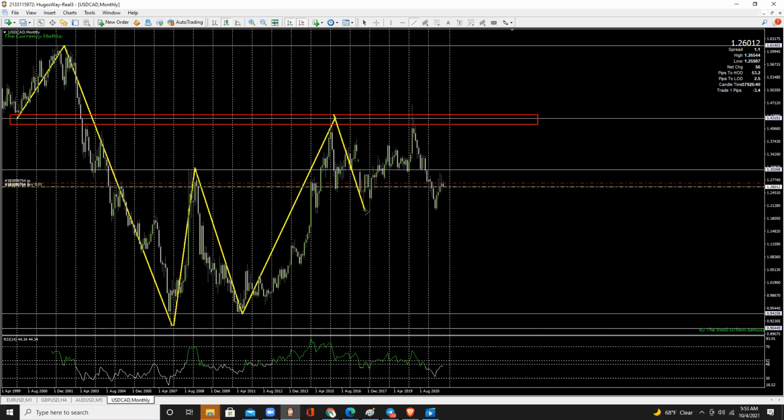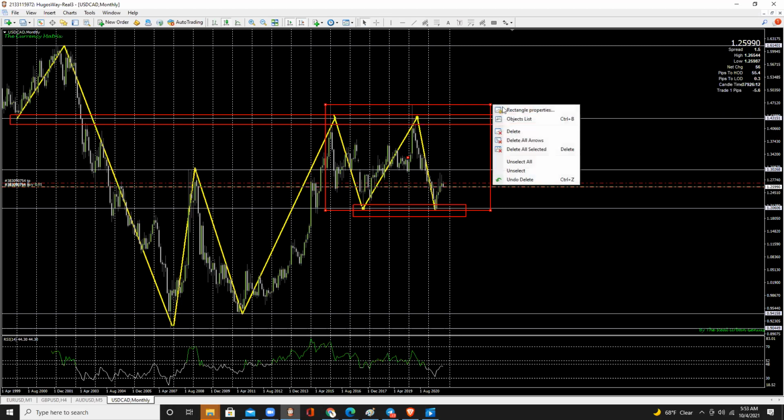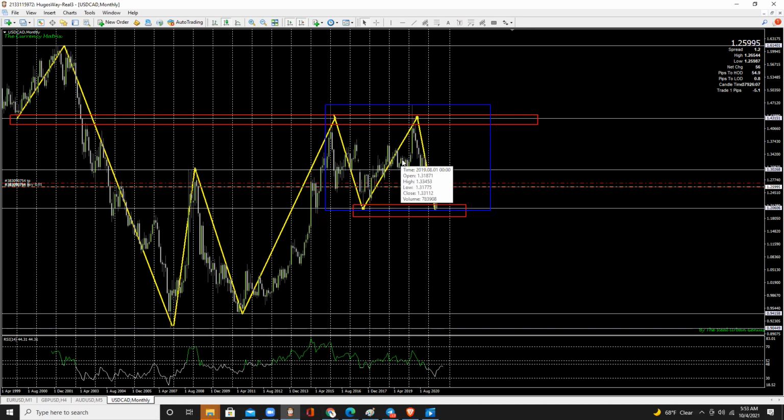We swing back down here, creates a new support level, swings back up here, creates a double top at that resistance level, swings back down here, creates a double bottom at this support level, which now creates a range. So now we're in a range here.